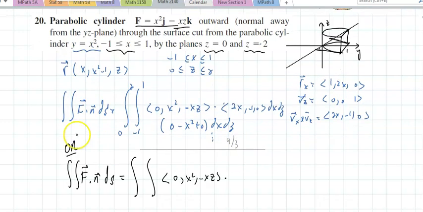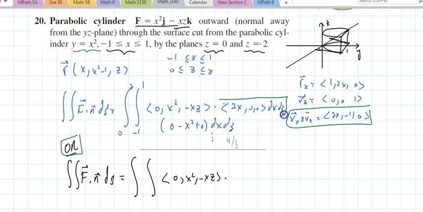I do want to point out that you have another option. This book only uses this, and there's a price for that. I'll show you what that is. I could here say, you know what? There's the function. There's the limiting factor. It is y equals x squared. So I could say 0 equals x squared minus y, or the other way around.